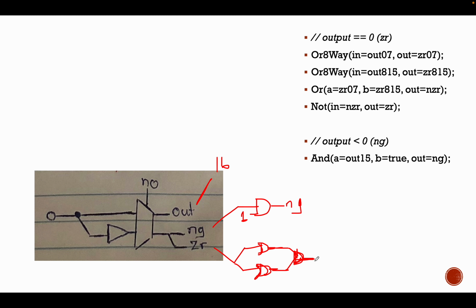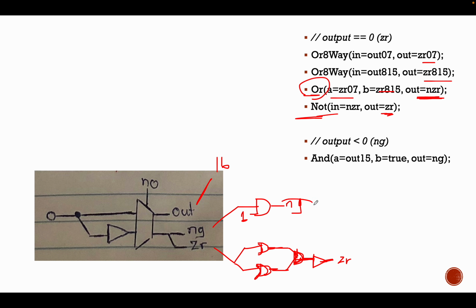This will come out as 1 bit, and then go into a NOT gate and produce ZOR. If you check with the HDL code, it should be the same. So the OR 8 way basically produces one output each, and then those 2 outputs will OR together in an OR gate, produce one single bit output, and then go into the NOT gate to negate it, and that will produce ZOR.